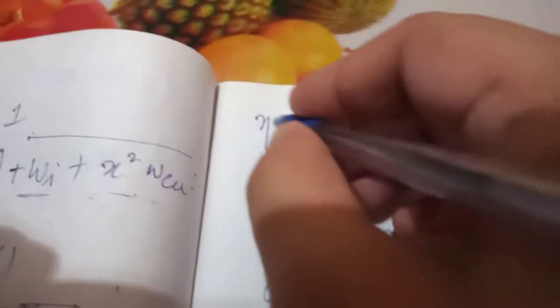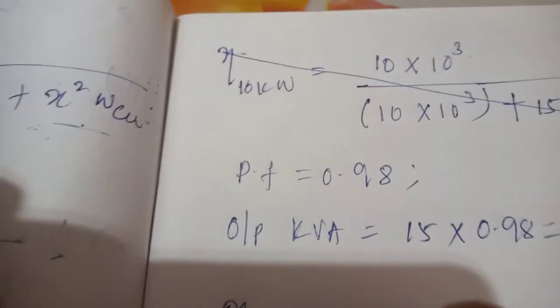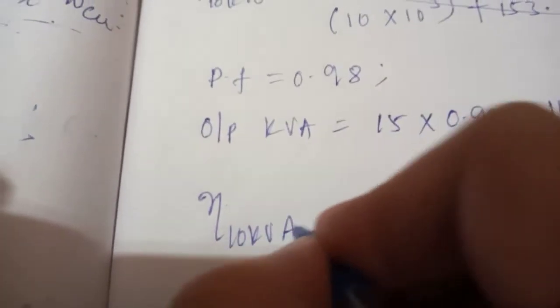So now 10 kVA, this rules out. Instead you have to write like this: eta at 10 kVA, or 98% of load. At 98% of load, what is the efficiency?